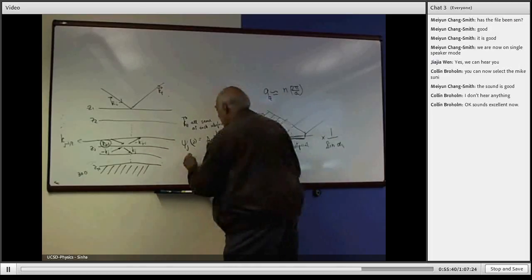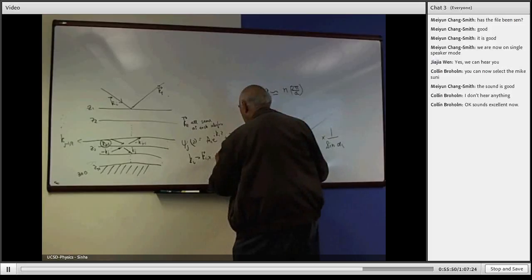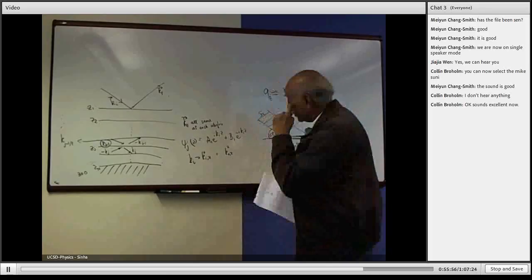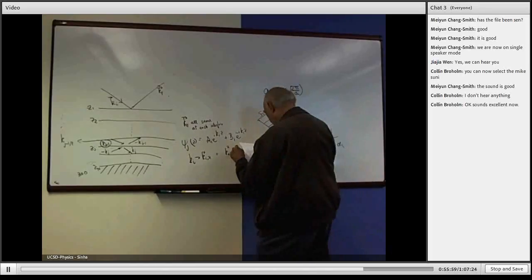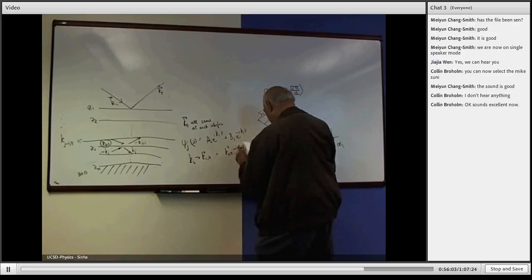And ki really stands for the z component of k in the ith layer, and it's actually equal to k naught, the z component of the wave number in free space, minus 1/4 times the critical q for the ith layer.